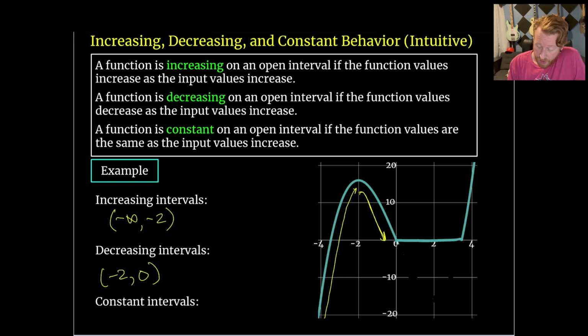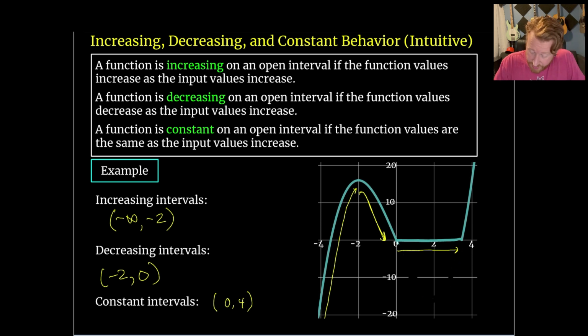Then from 0 to 4, all of the outputs are exactly the same. As the inputs get bigger, the outputs stay exactly the same. There is no change. They are all constant. So we have a constant interval going from 0 to 4.